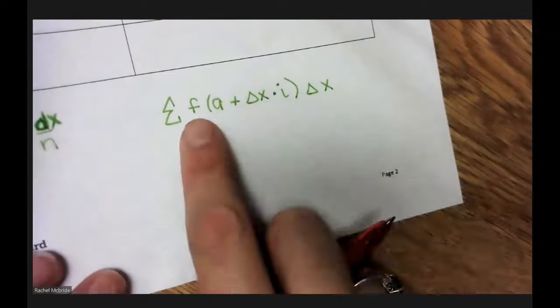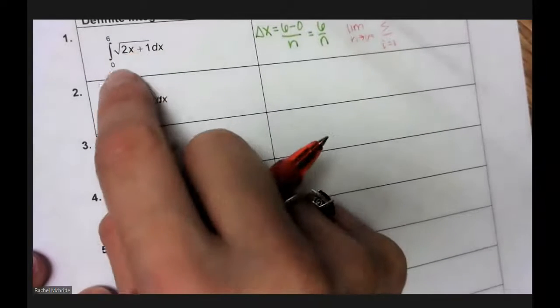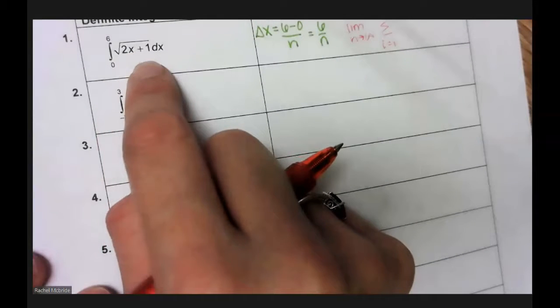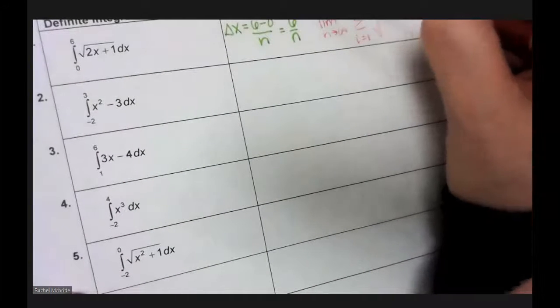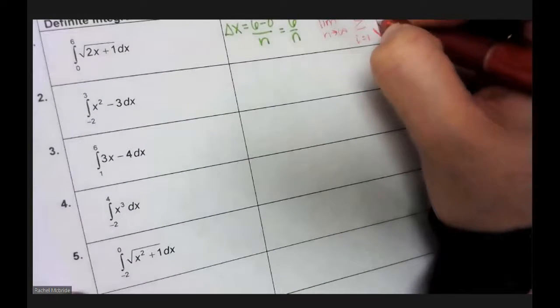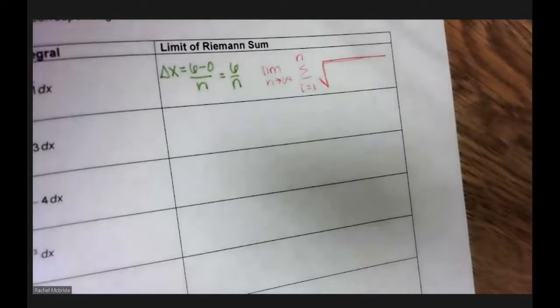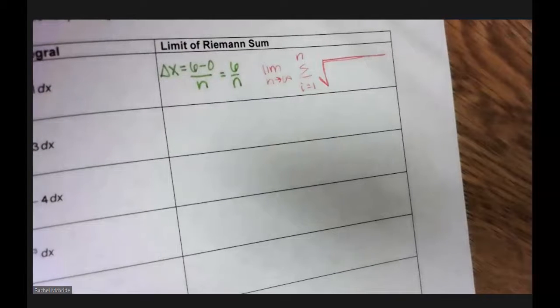Down here, it's the function. So the function of this is the square root. So the limit will have the square root. And then it's f of a plus delta x i.